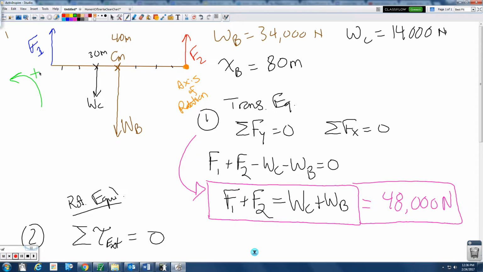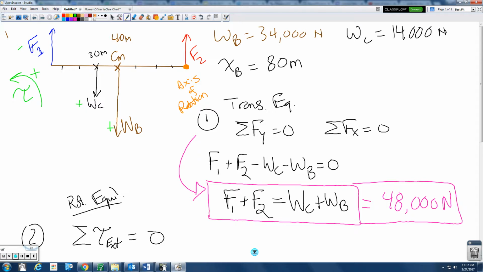So let's say that the counterclockwise rotation is positive, so the torque produced by WC will be a positive torque. The torque produced by WB will be positive, and the torque produced by F1 will be negative. Okay, these are for my torques. I'm keeping it in green. These are torque directions.